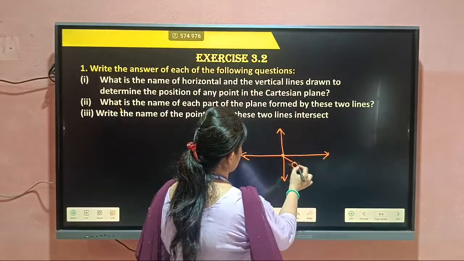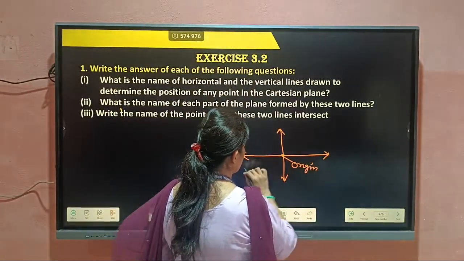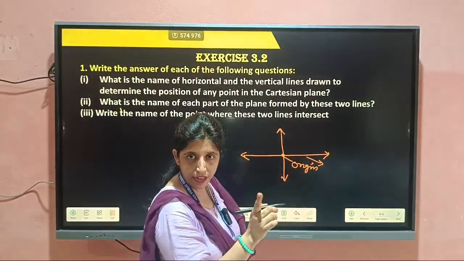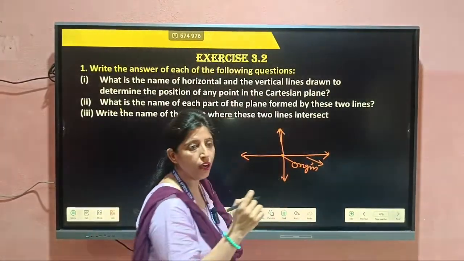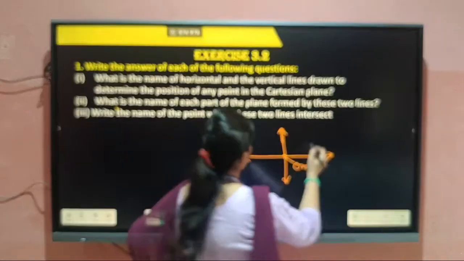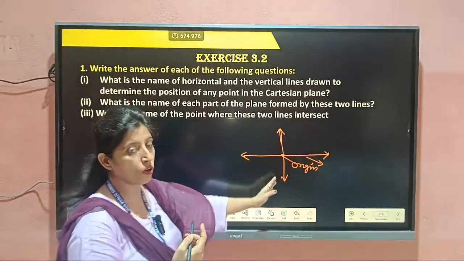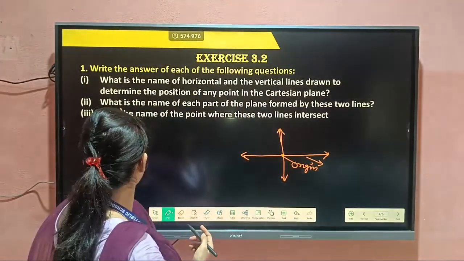So the horizontal line is called the abscissa and the vertical line is called the ordinate, right?